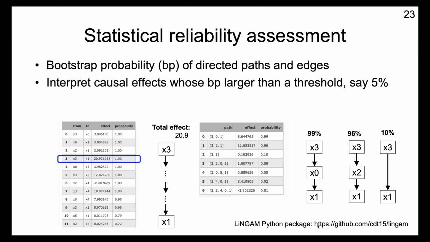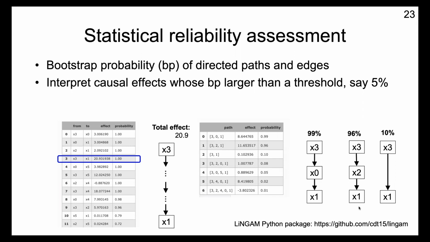Okay, so furthermore, we may want to find out what pathways exist from, for example, this x3 to x1. Then it would be a good idea to compute the bootstrap probability for each path, and see which paths are statistically reliable.